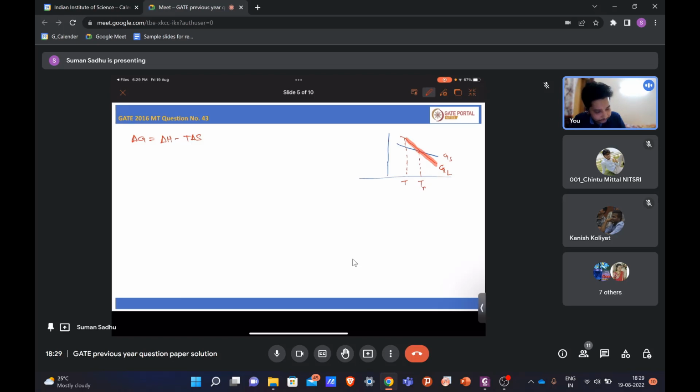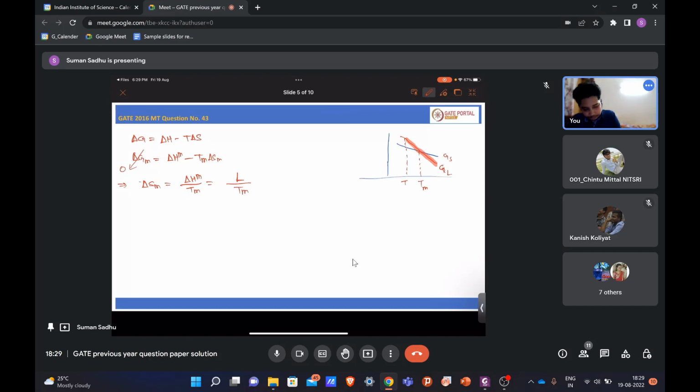At melting temperature, delta Gm is equal to delta Hm minus Tm delta Sm. At melting temperature this delta G is 0, so we'll get delta Sm is equal to delta Hm by Tm. Delta Hm is nothing but the latent heat, so delta Sm is the latent heat by Tm.